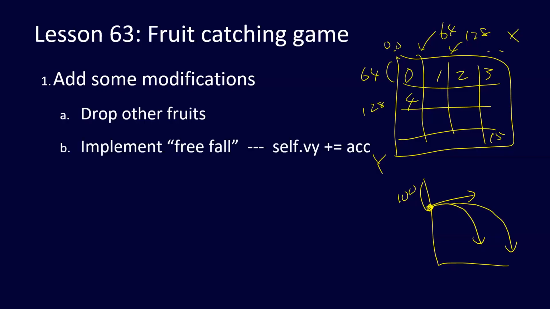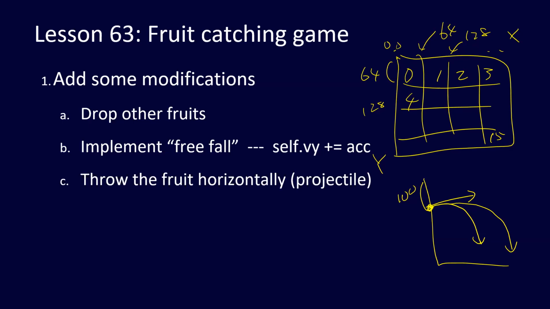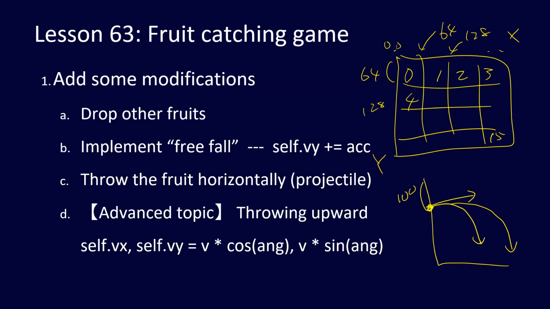Maybe implement free fall. Okay, and throw the fruit horizontally. By the way, of course, if you are interested in mathematics, you can write this way. Maybe we can implement this next time. So instead of throwing horizontally, we can throw it upward like this.